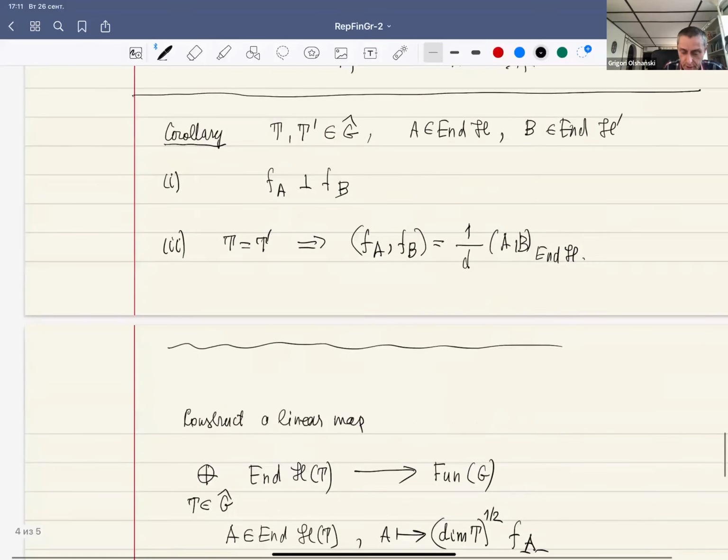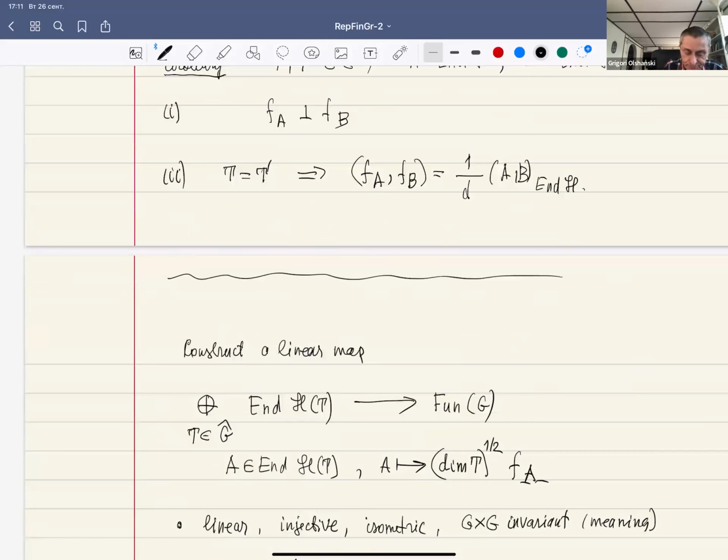Look again. We have a representation of G cross G on each operator space. As a consequence, we have a representation on the direct sum. This is the direct sum of representations. And next, we have a representation of G cross G on this space, the biregular representation.